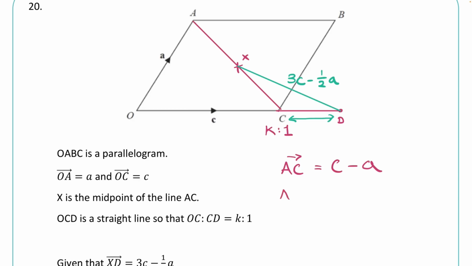We can now do the midpoint, so A to X is half of that. So we could write that as half bracket C minus A, or we could just times them both by a half, half C minus half A.